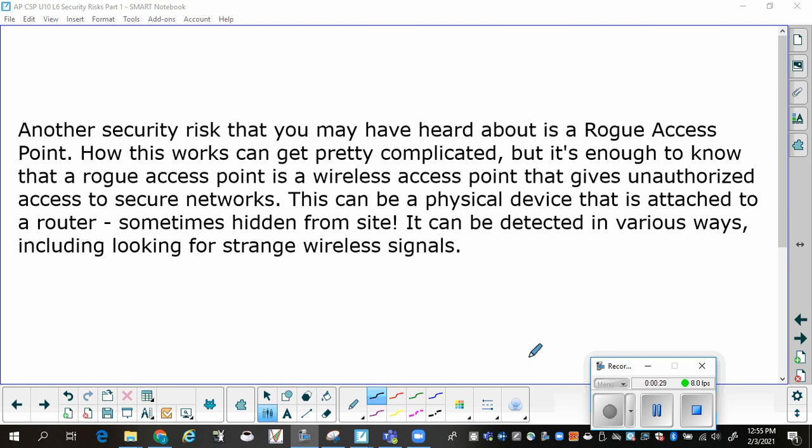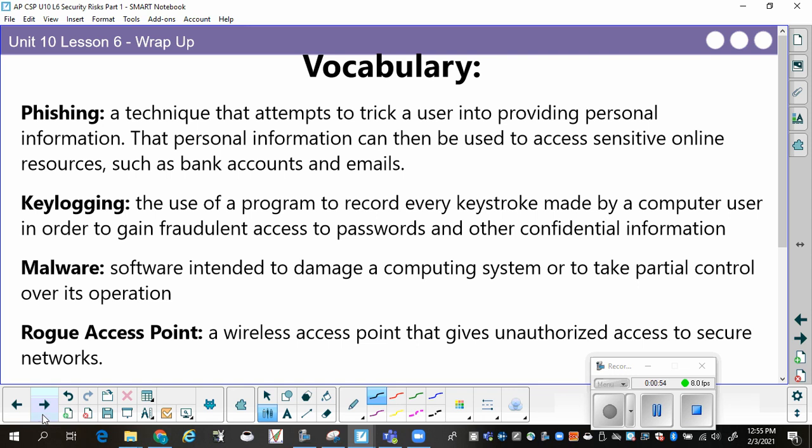There's a couple of different scenarios that are all considered rogue access. But it's enough to know that a rogue access point is a wireless access point that gives unauthorized access to secure networks. This can be a physical device that is attached to a router. Sometimes it's hidden from sight. It can be detected in various ways, including looking for strange wireless signals.